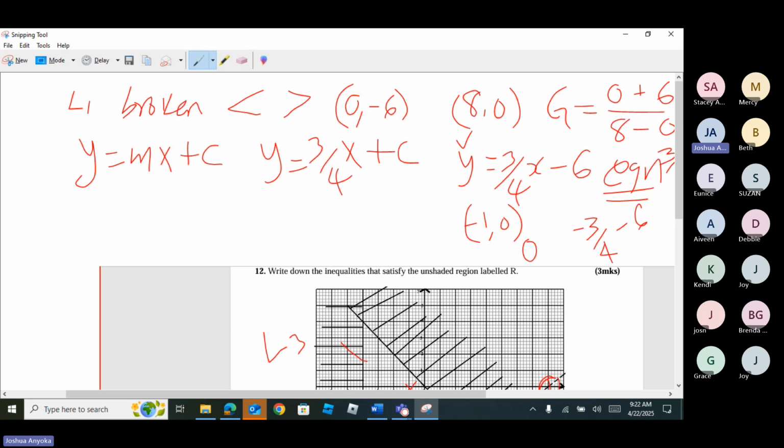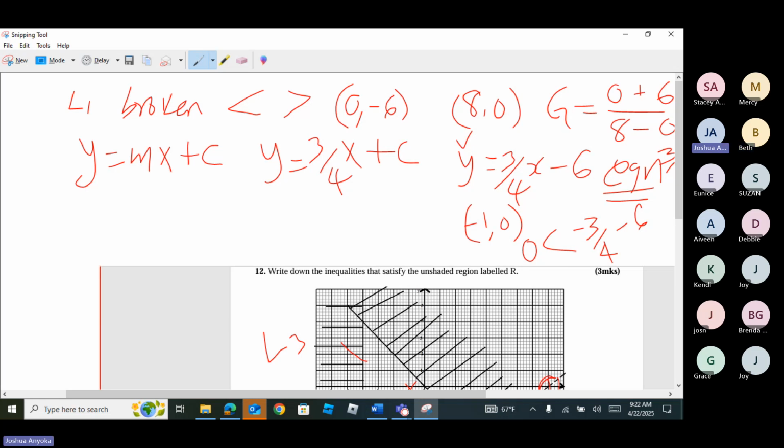At least it has some values which are negative. Which statement is true? 0 is less than -3/4 minus 6. That one is false.